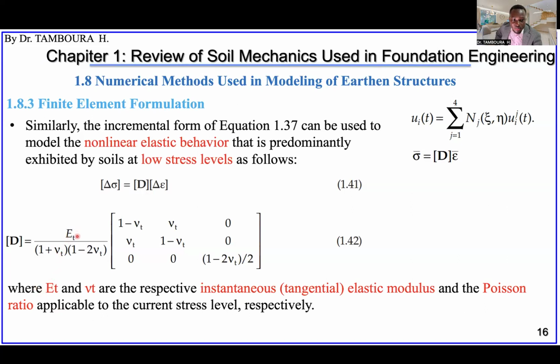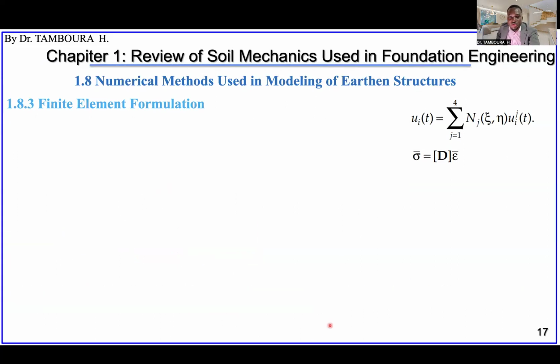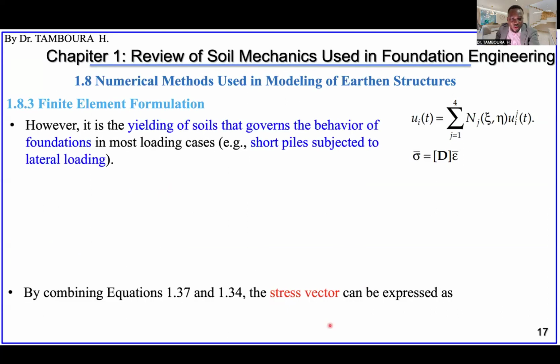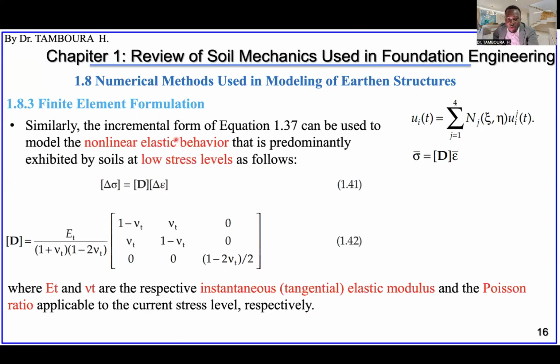So these two parameters are the instantaneous, let's say tangential, elastic modulus and Poisson ratio applied to the current, considered stress level respectively. This is what we can do for the formulation of numerical modeling, standing for, as I said before, plane strain or plane stress condition.